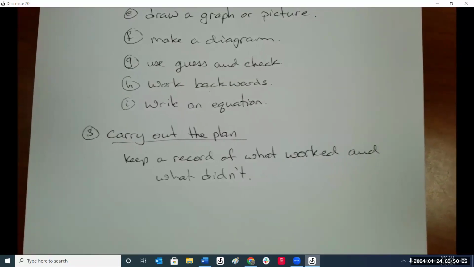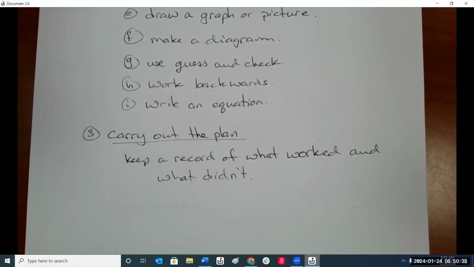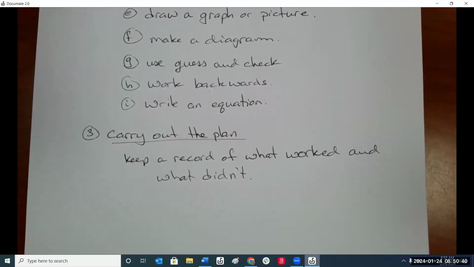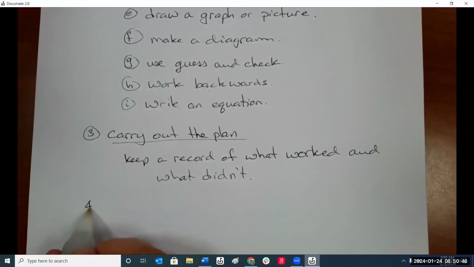Right. As the saying goes, those ignorant of history are condemned to repeat it. So if you know what you did in the past that didn't work, you're not going to do it again. You keep a record saying, no, we can't do this because we tried it one time and it didn't work.